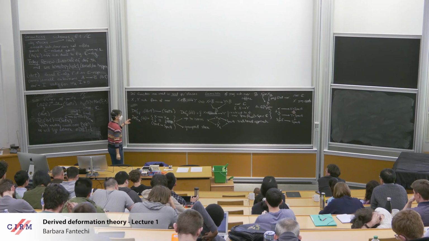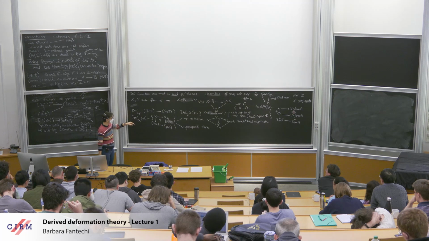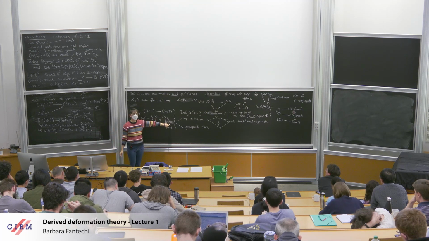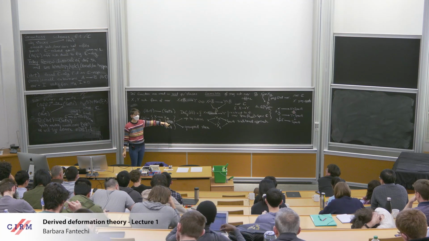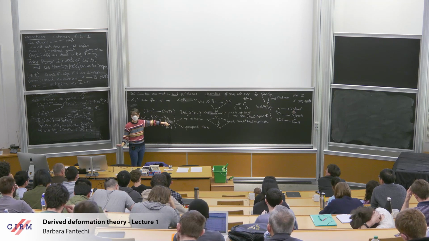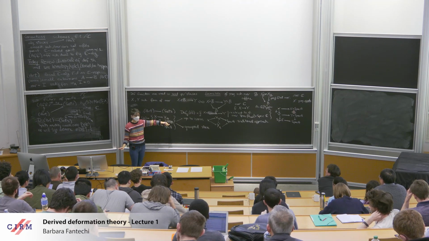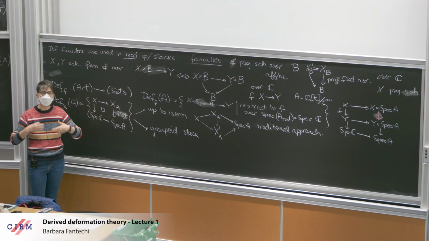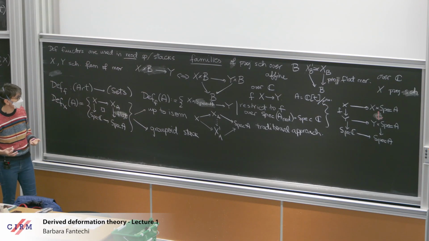And there is an immediate thing I want to point out, which is related to this. I told you, you don't need projective anymore. Once it's flat, you're good. Working infinitesimally allows you to drop assumptions.